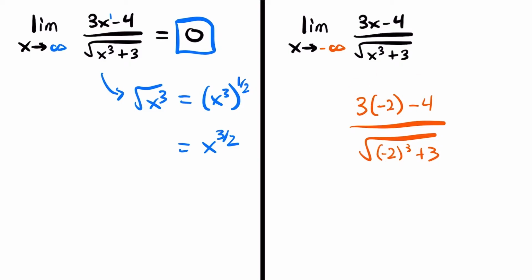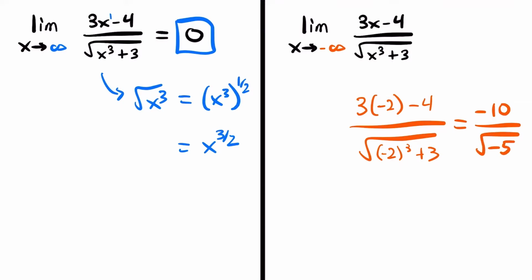In the numerator, we have 3 times -2, that will be -6, and then if we subtract 4, that will give us -10, so -10 is in the numerator, and that will be divided by the square root of -2 cubed plus 3. Now, -2 cubed is equal to -8 because -2 times itself 3 times is -8, and then -8 plus 3 would be -5. So in the denominator, we have the square root of -5.